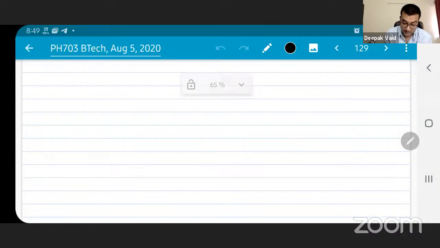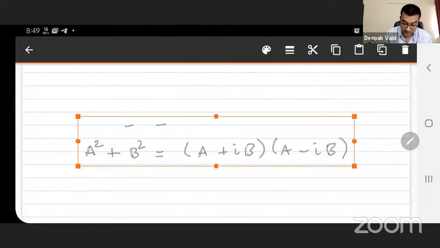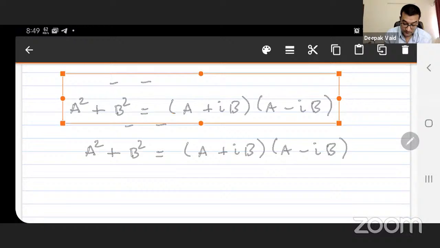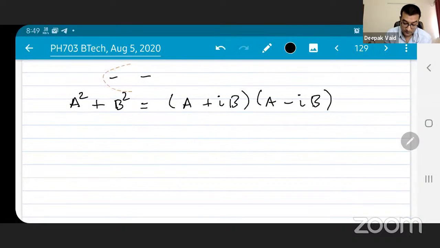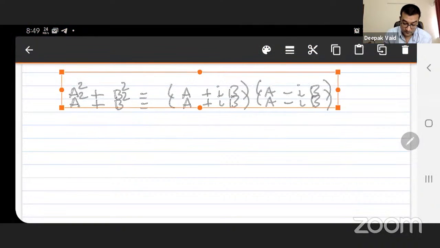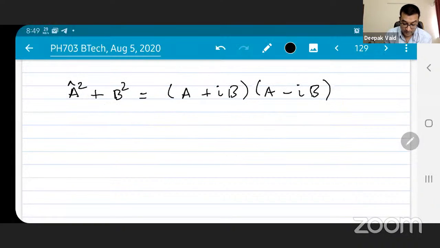But if we have operators, what will happen? If you look at the right hand side of this expression, I will get a square and b square.